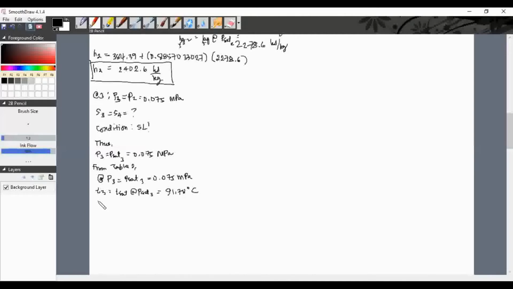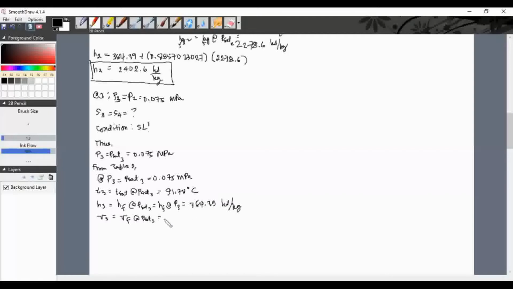So, H3, automatically, pag saturated liquid, that is H sub F, no? Yung may subscript, no? Na F. So, HF at P sat 3 or HF at P3. So, according sa table, at ginamit din natin kanina, that is 384.39 kilojoules per kilogram. And then we have V sub 3, that is V sub F at P sat sa 0.3.